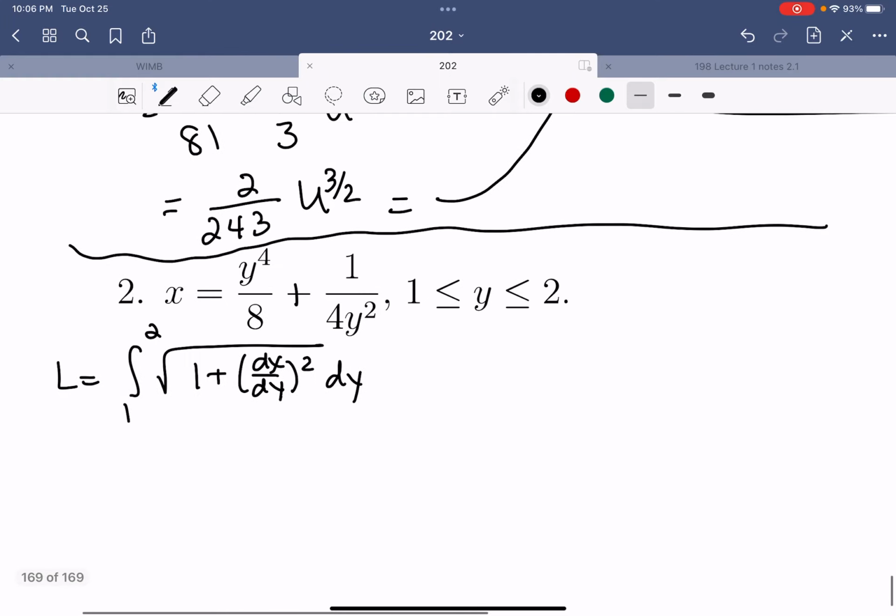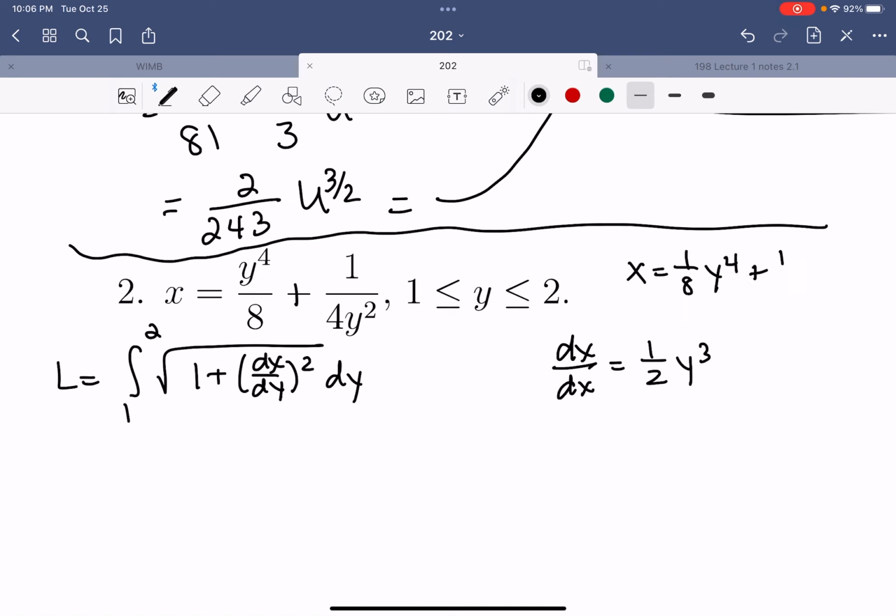This one's a little bit more complicated than the last one, so I'm going to go ahead and do the algebra for what's under the square root over here on the side. So first things first, we need dx dy. If you take the derivative, that's going to be 1/2 y cubed. This is the same as if we had x equals 1/8 y to the 4th plus 1/4 y to the negative 2.